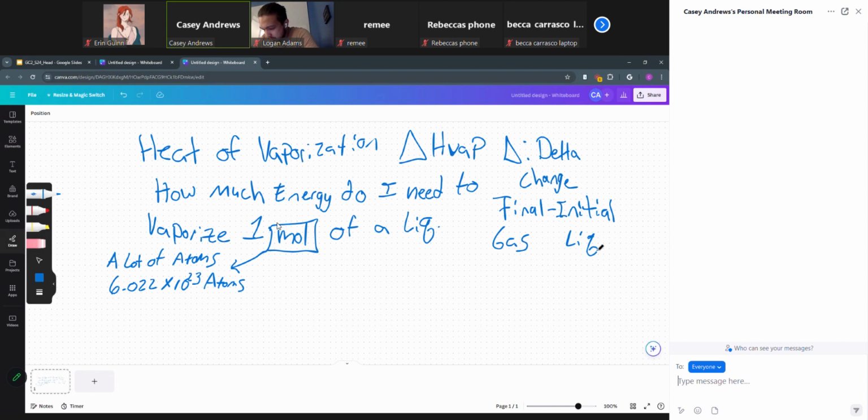So I'm introducing that to you. When we see the capital H, that means enthalpy. That's the technical term. The way I describe enthalpy is heat energy.